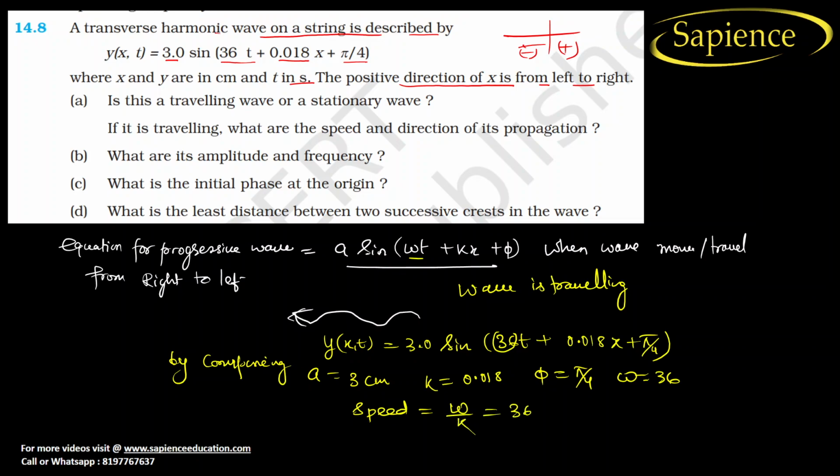So omega is 36 and the value of k is 0.018. When we calculate this, we get 20 meter per second. I hope this is the required result for part A.